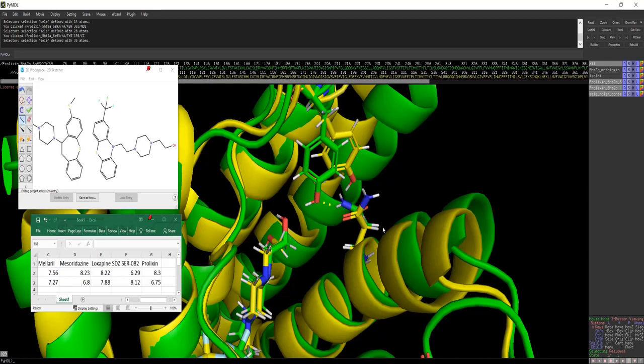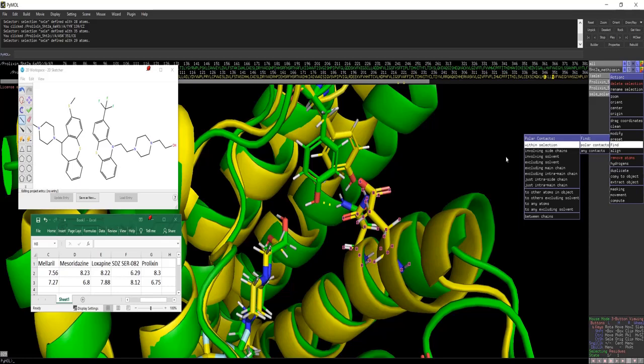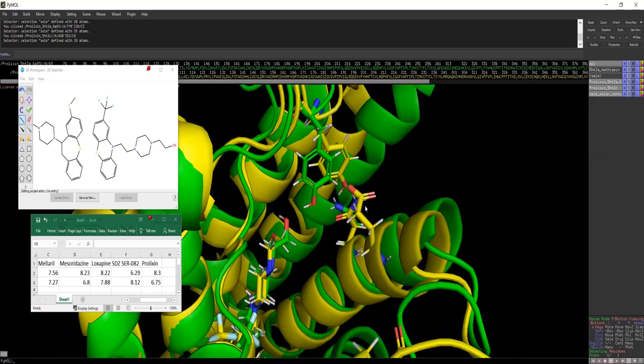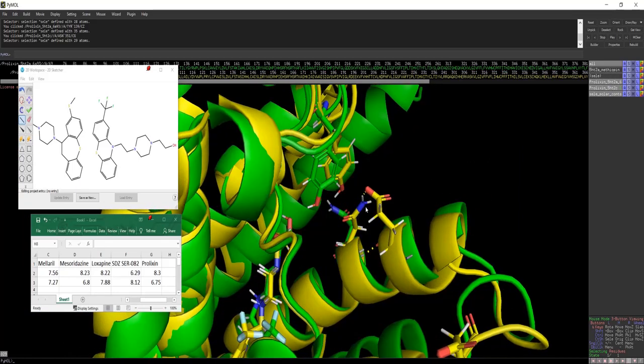So the question is, why is this pointing upwards instead? Well, there is a glutamic acid 347 in 5-HT2C that is actually a glycine in 5-HT2A. And this glutamic acid forms a hydrogen bonding network with this asparagine.